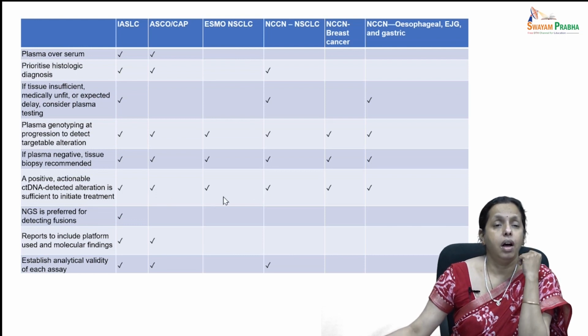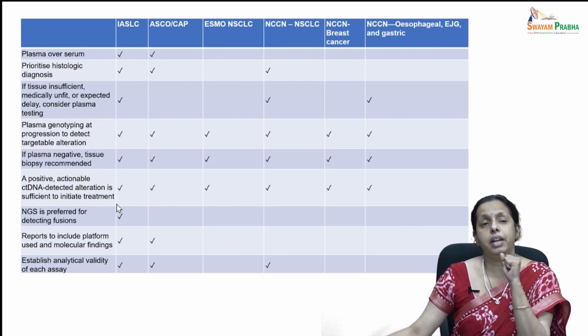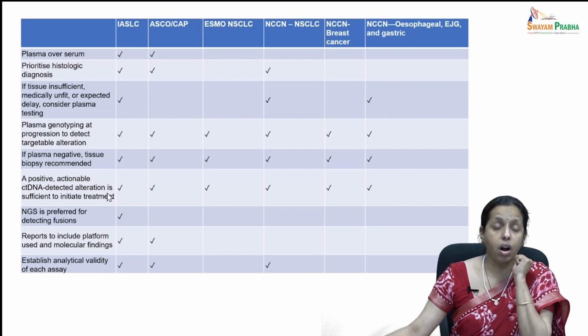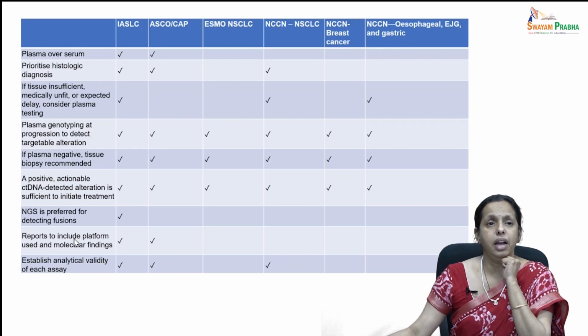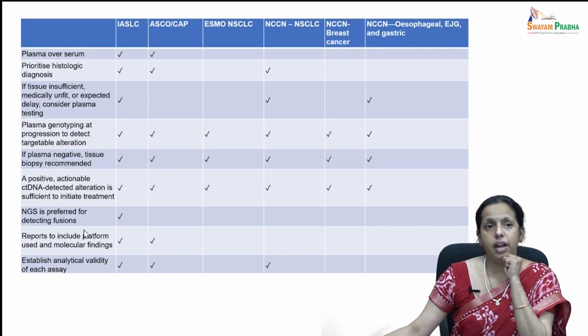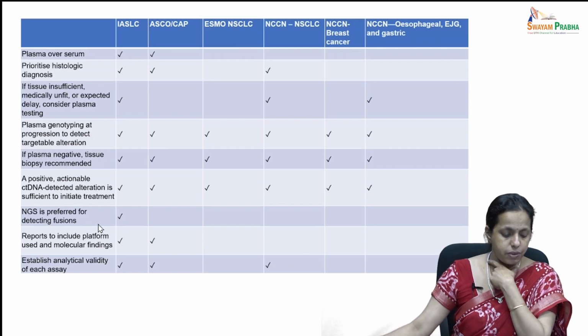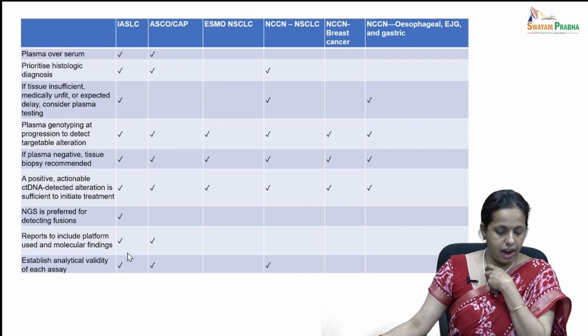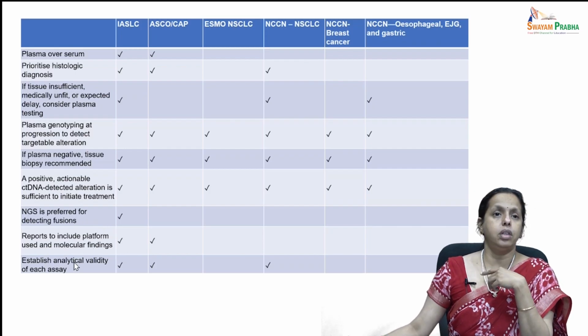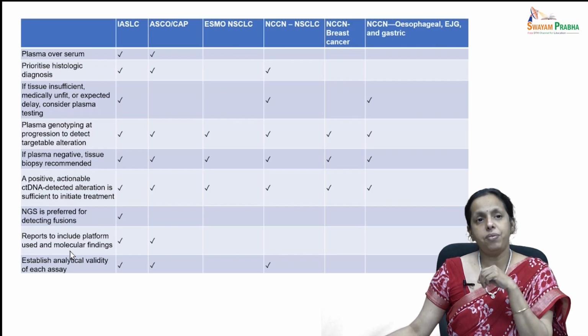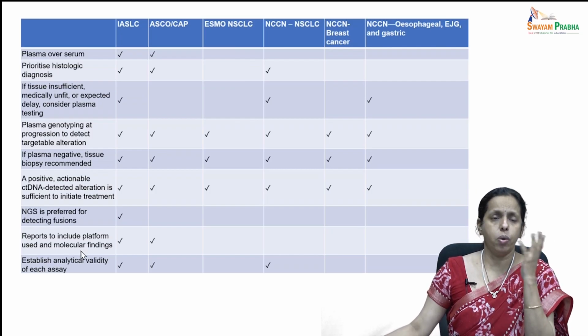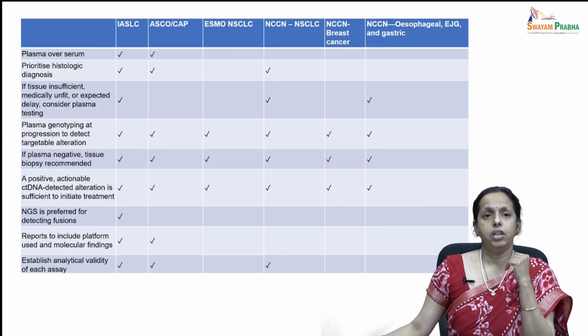Yes. So liquid biopsy has gained a lot of its own place, as much equivalent to the tissue biopsy. They recommend NGS is preferred for detecting fusions, and your report should include what platforms they have used. So that is exactly the report which I have shown.